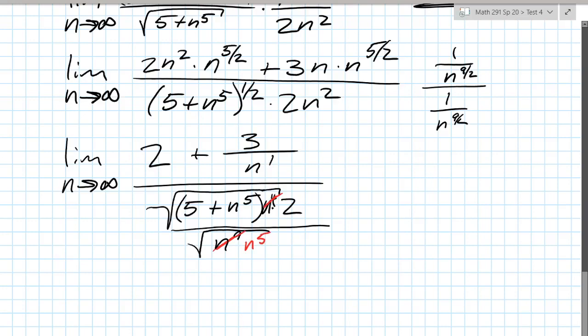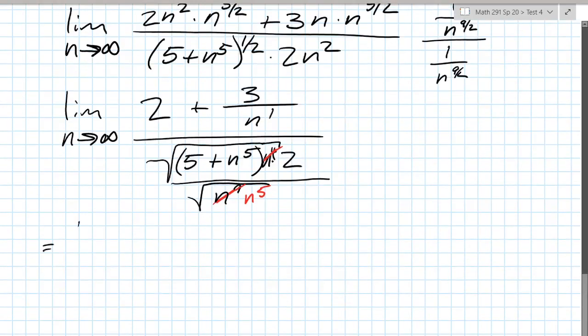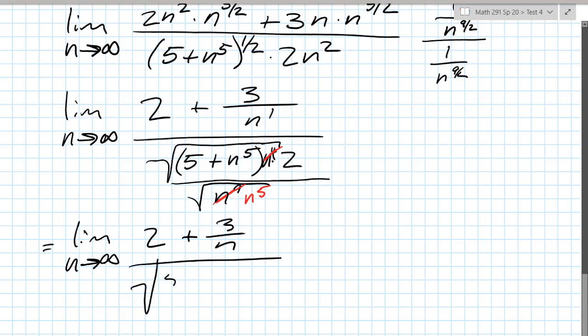Then you have a common denominator inside of here of n to the fifth, which we can split this fraction up into 2 pieces. So this gives me the limit as n approaches infinity of 2 plus 3 over n all over the square root of 5 over n to the fifth plus n to the fifth over n to the fifth is 1, and then all that's times 2.